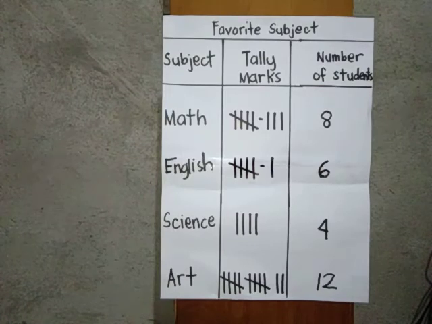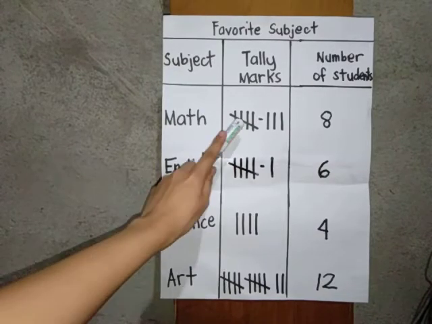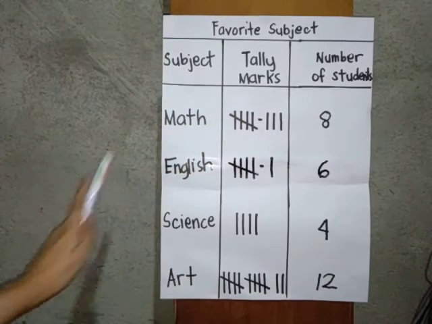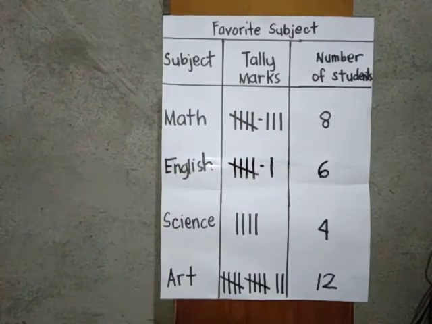Next, how did we find the total number of students that voted for each subject? We should count the tally marks to know the number of students that chose different subjects as their favorite subject. That's the only way for you to know the number of students, by just counting the tally marks. It will be easy for you since the tally marks are already given.